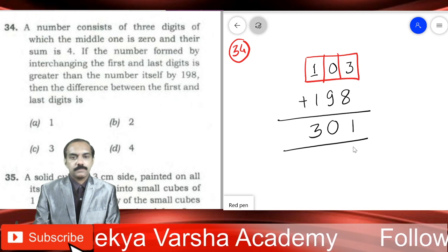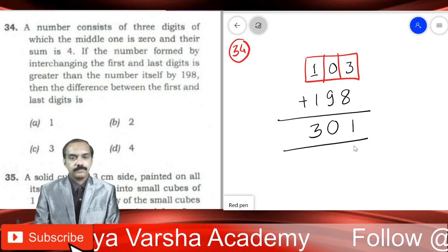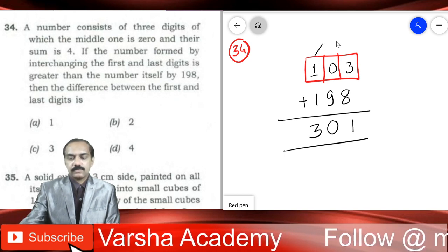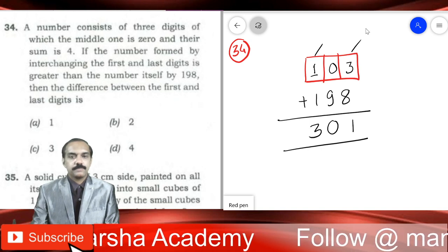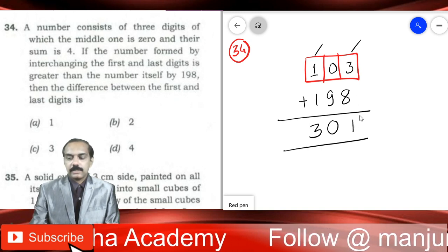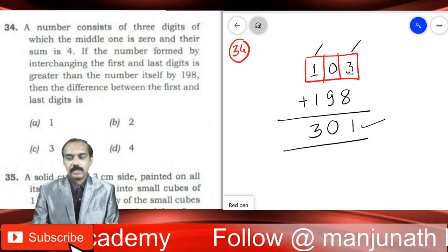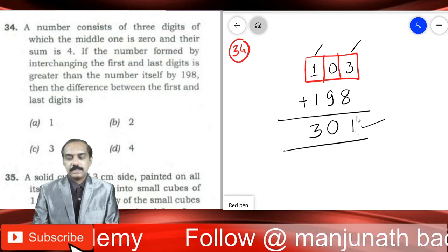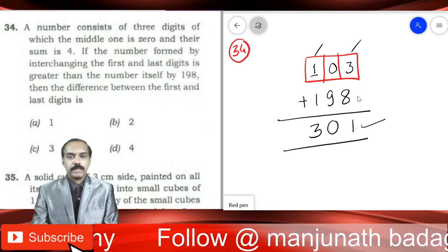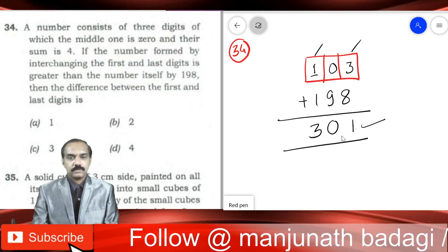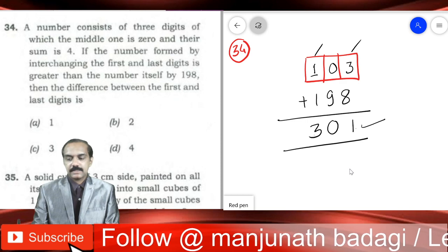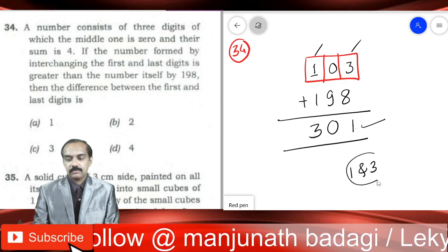So see here, everything is alright. In fact, the first digit is of course 1, the last digit is of course 3, because the new number obtained, 301, after interchanging 1 and 3, is exceeding the original number by 198. So the digits are of course 1 and 3.